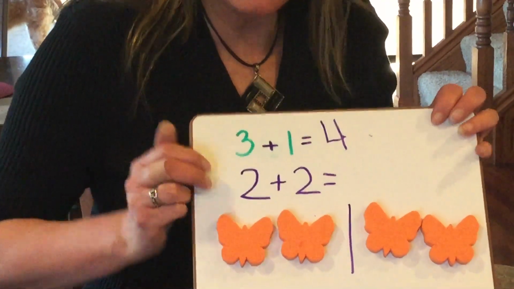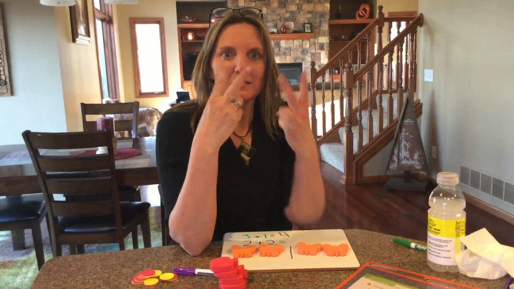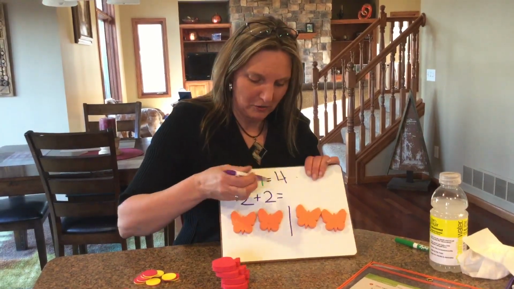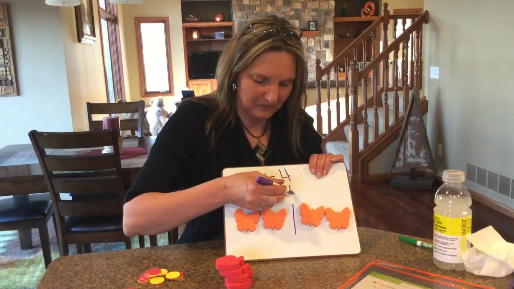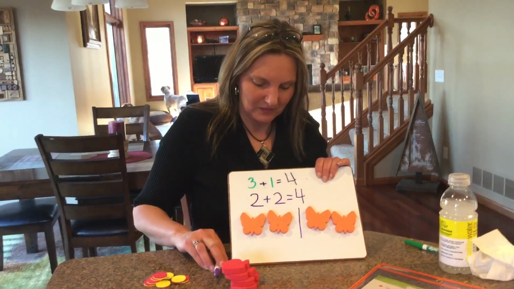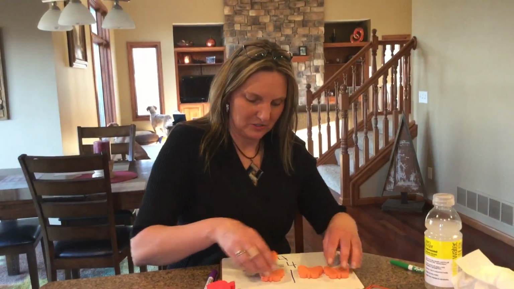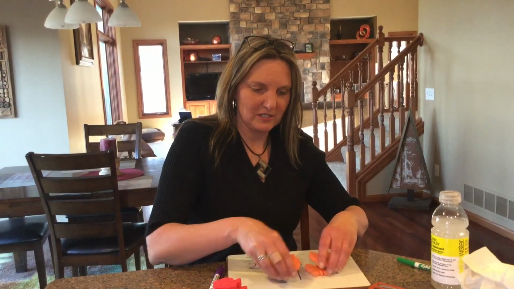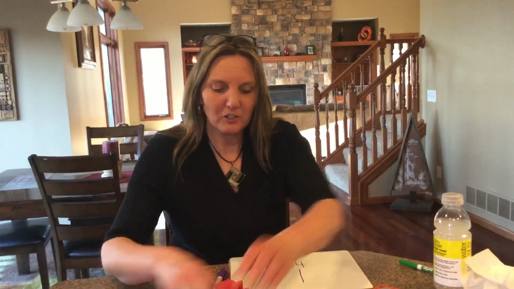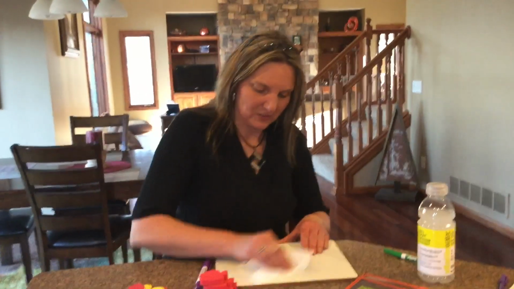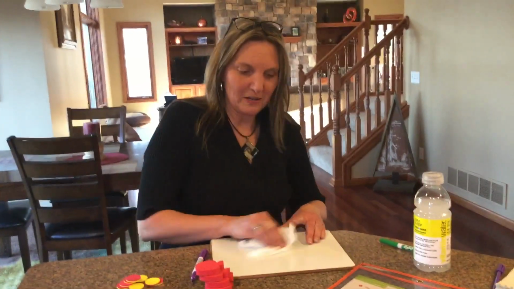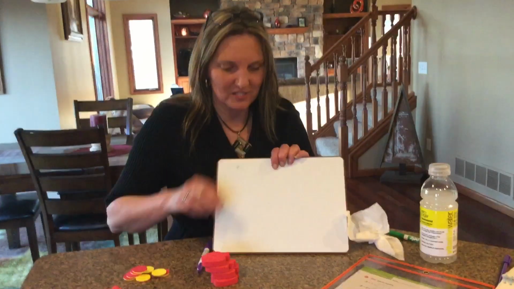You're putting it together. 2 plus 2 makes 4. Two plus 2 equals 4. Now I need a little more room, so I'm going to erase that. One of my favorite plus equations.